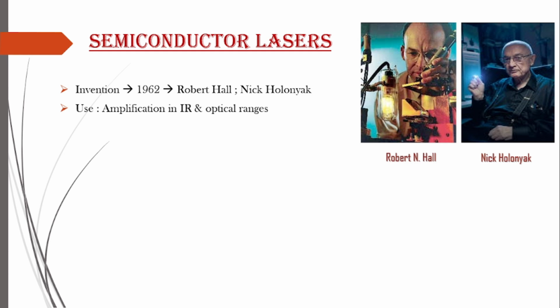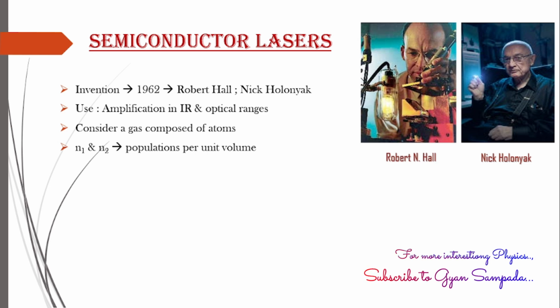So if we need to know about its construction and condition, let us consider a gas composed of atoms and focus on two of the excited atomic energy levels 1 and 2, where N1 and N2 are the populations per unit volume of level 1 and level 2 respectively.